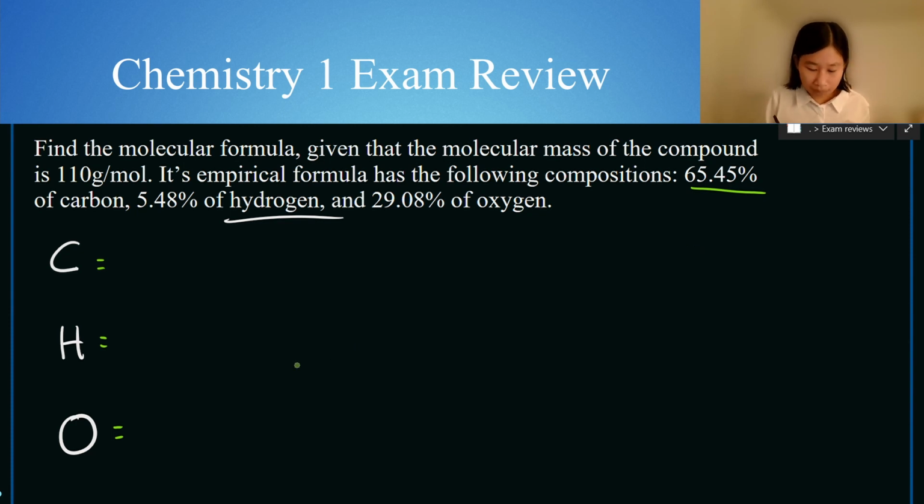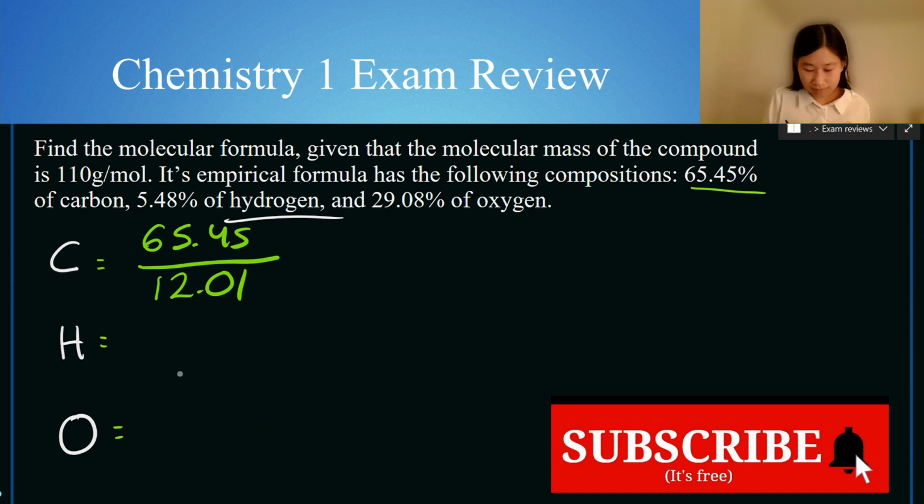So what does that look like? They say 65.45% of carbon, so I'm just going to say 65.45, without the percent sign, divided by the atomic mass of this element, which is 12.01. The same thing goes for hydrogen.